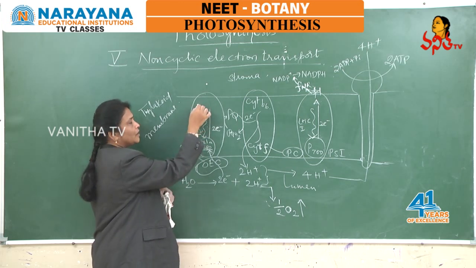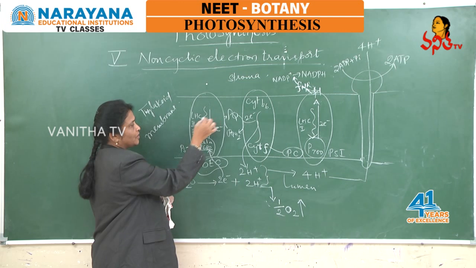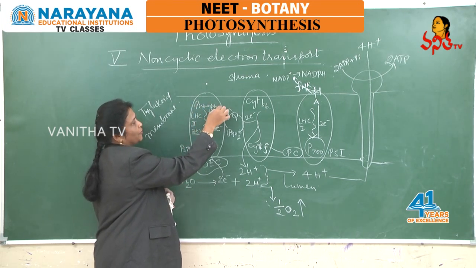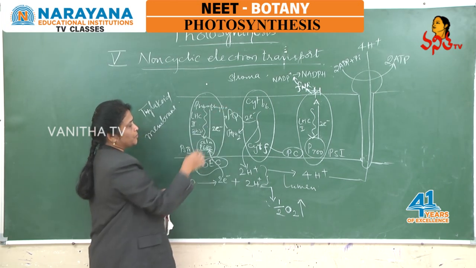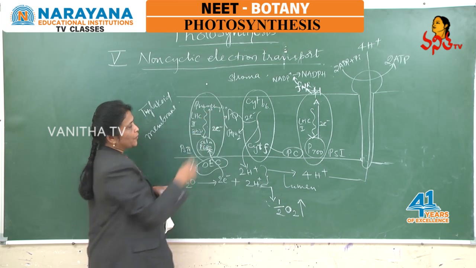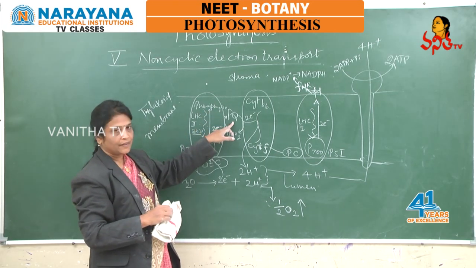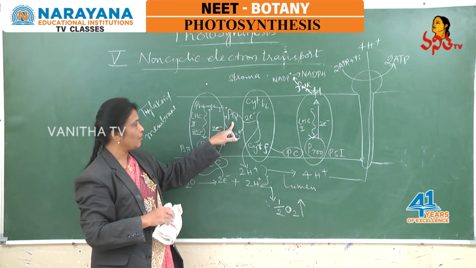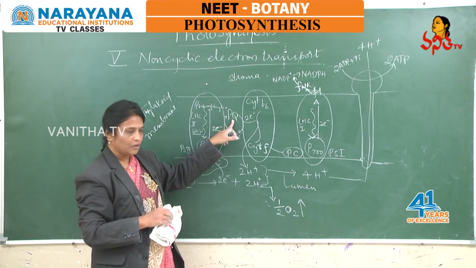by a colorless chlorophyll A molecule present in LHC2, that is pheophytin. So pheophytin is the primary acceptor of electrons from the P680 molecule, and from pheophytin the electrons are received by a mobile electron carrier located in the thylakoid membrane, that is plastoquinone.